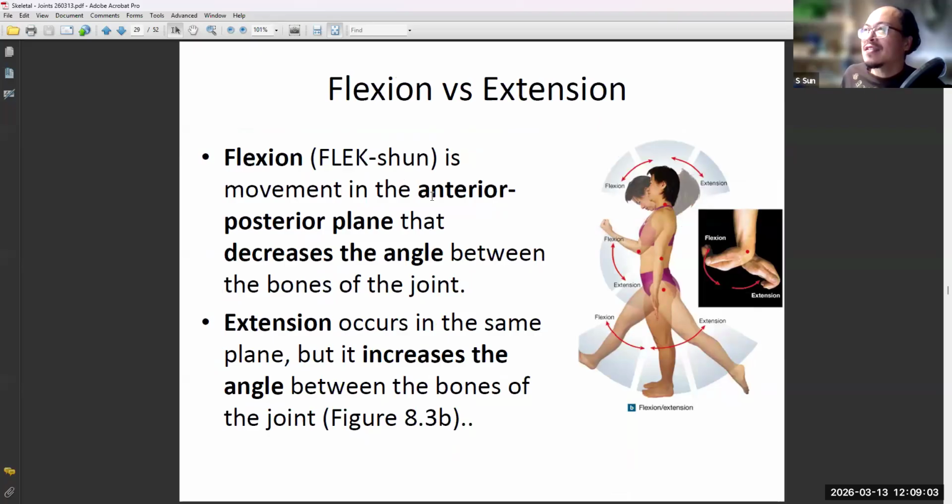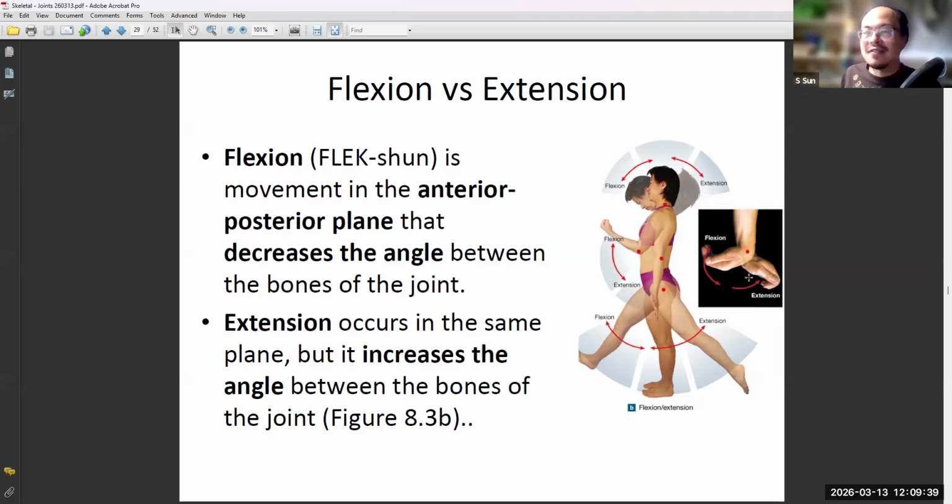Flexion and extension are more in the sagittal view. You can have head extension, flexion, your spine extension, flexion, your arm or hand, flexion, extension, your leg flexion, extension, your wrist too.